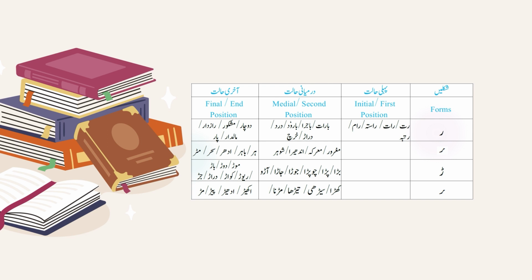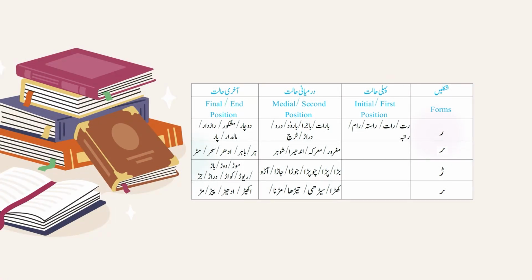You have to focus on Ra. We mean here how Ra works or turns into short forms when it is connected. When it is connected with some alphabets, it does not change its shape, like Bajra and Kharj. And when it is connected with other words, it changes its shape, like Magrur, Mu'arrika, Andhera, Shauhar. And see, in the final or end position, we have the word Har, and at the end there is Ra that has changed its shape.